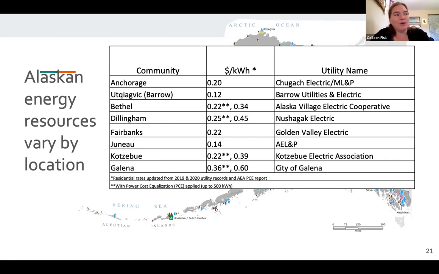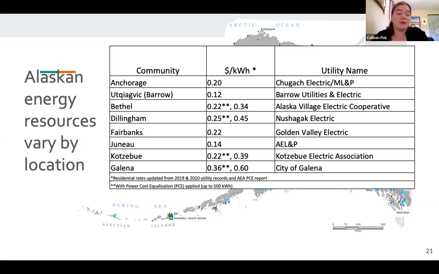What comes up with oil? Natural gas. Natural gas, yep. So they get a bunch of natural gas and they don't have a natural gas pipeline. So I think they get it for free or for very, very cheap. They're able to produce their electricity for Utqiagvik and other nearby communities with that natural gas.